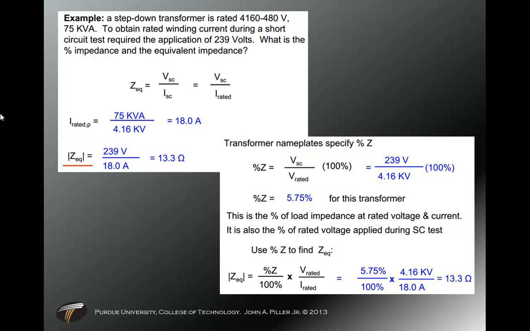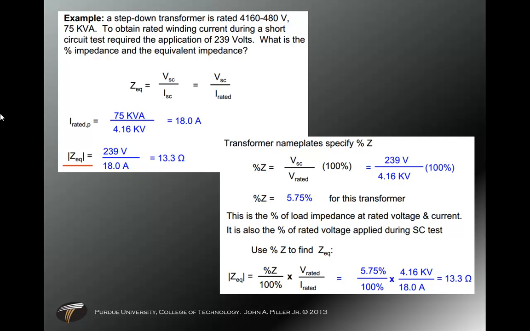So here's an example. A step-down transformer is 4160/480, 75 kVA. To obtain rated winding current during a short circuit test required application of 239 volts. What's the percent impedance and the equivalent impedance? Well, equivalent impedance is V short circuit divided by I short circuit, which is equal to V short circuit divided by I rated.